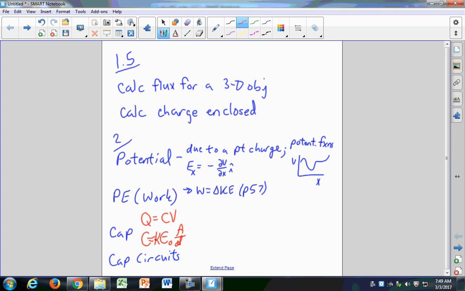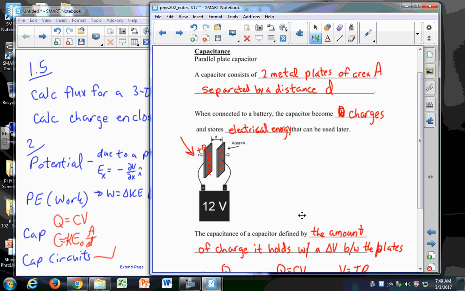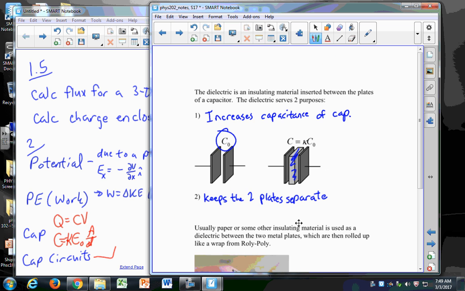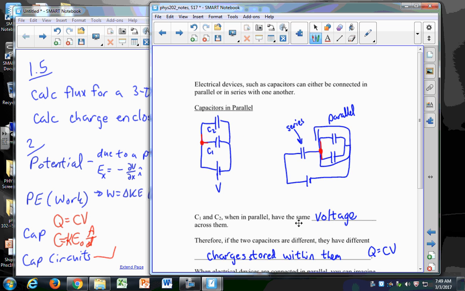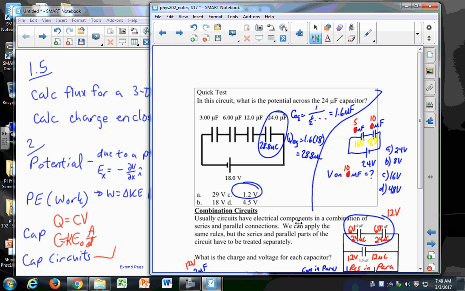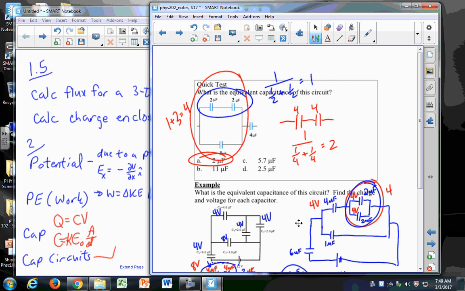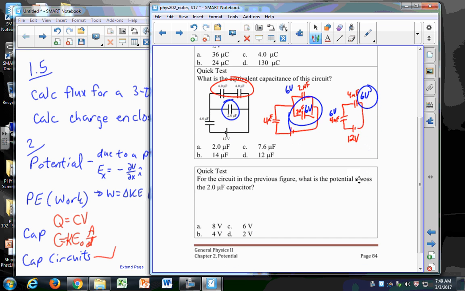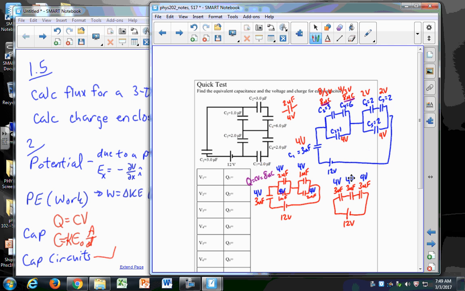Then with circuits, you'll certainly see a circuit that is akin to one of the more complicated circuits that we did. All right, something like this. So you'll very likely see one something like this.